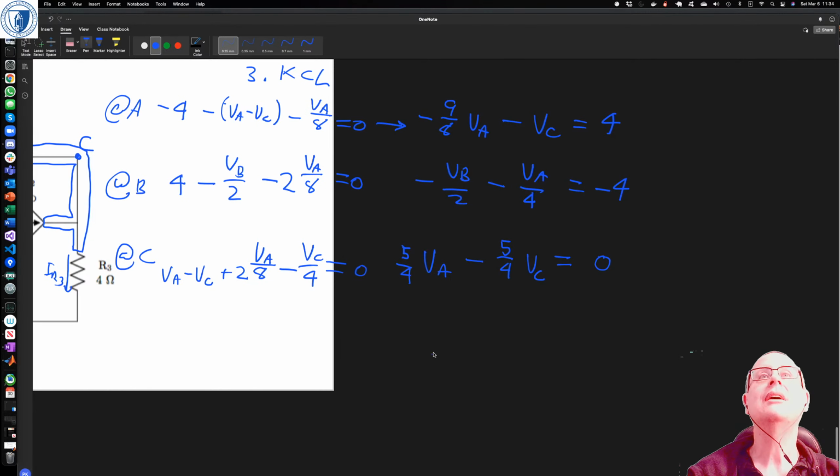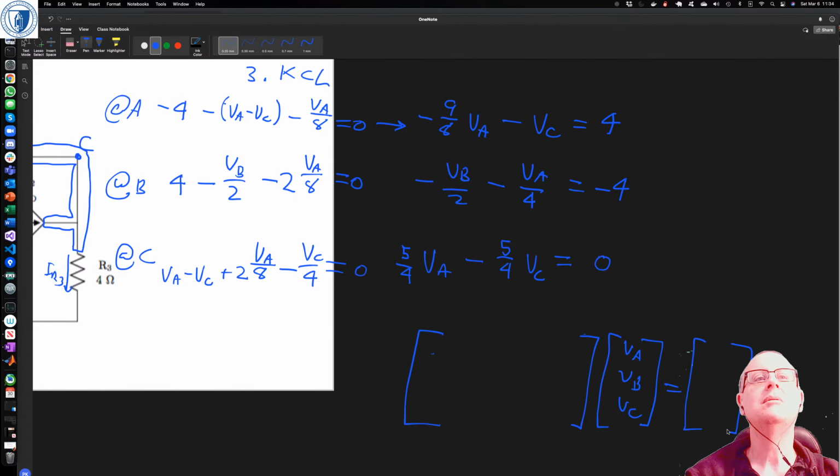Okay, so let's write that out in terms of our matrix now, right? I'll do it in the full matrix form rather than our quick form.